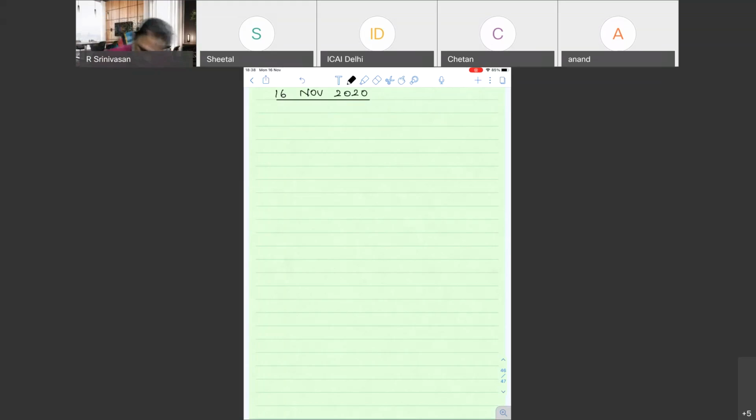See, suppose I sell my car. The car carrying amount is, let's say, 7 lakhs, and I am selling this car for 7,50,000. What entry will I make? In my company, a company is selling its car, a business asset. Carrying amount is 7 lakhs and it has been sold at 7,50,000.